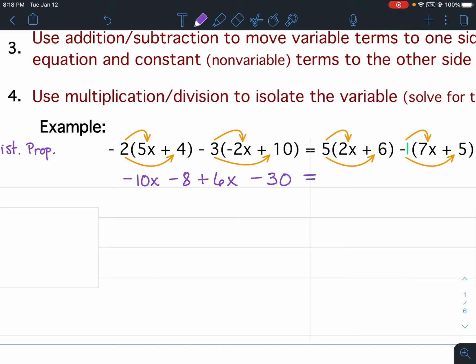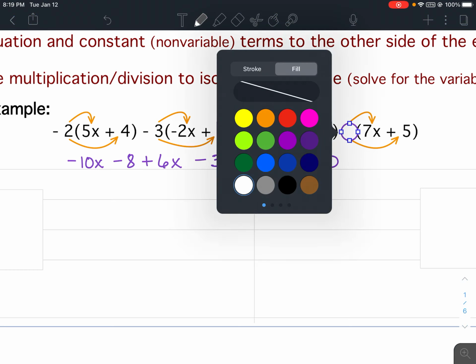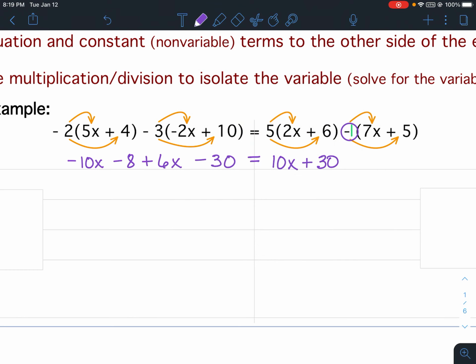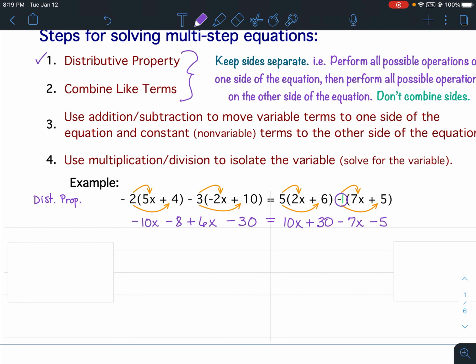Keep your equal signs lined up. 5 times 2x would be 10x. 5 times 6 would be 30. Be careful here, this is a negative 1. Negative 1 times 7 would be negative 7x. Negative 1 times 5 would be negative 5. So right there, we just did step 1. We did the distributive property.